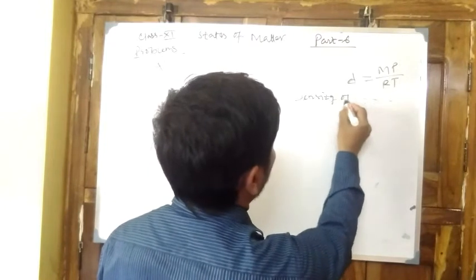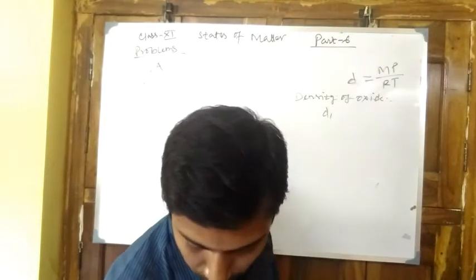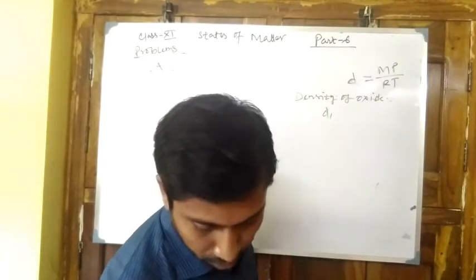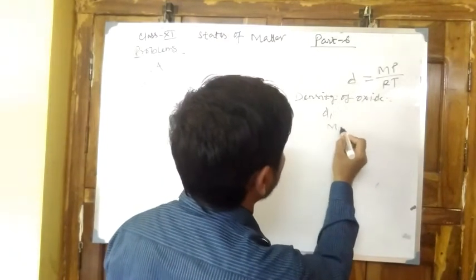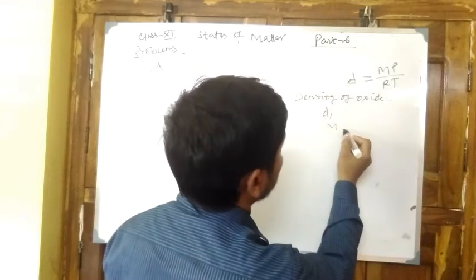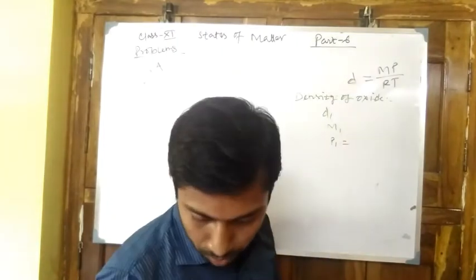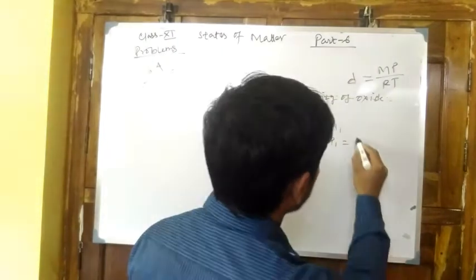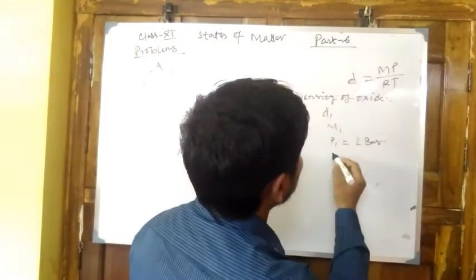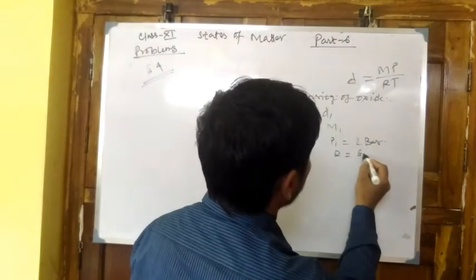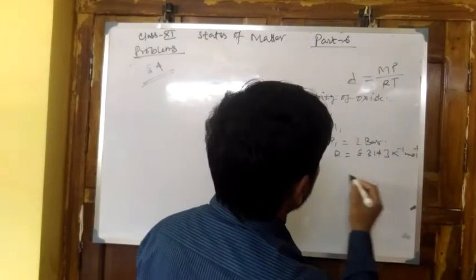Density of oxide D1 is equal to M1 P1 by RT, where M1 is not known, P1 is equal to 2 bar pressure, and next R is the same, 8.314 joule Kelvin inverse mole inverse, and T.